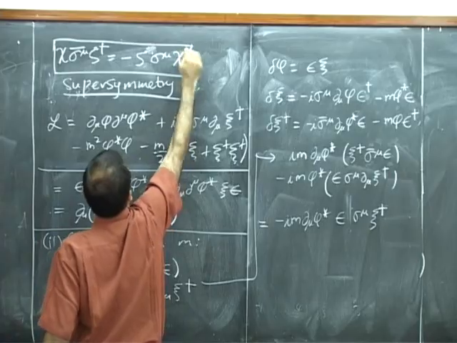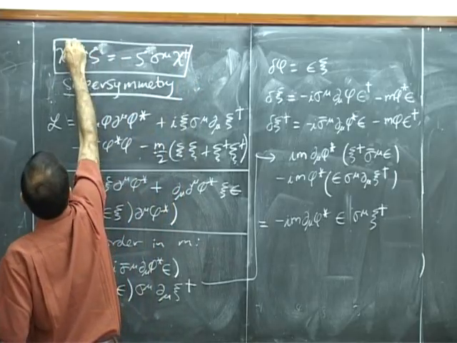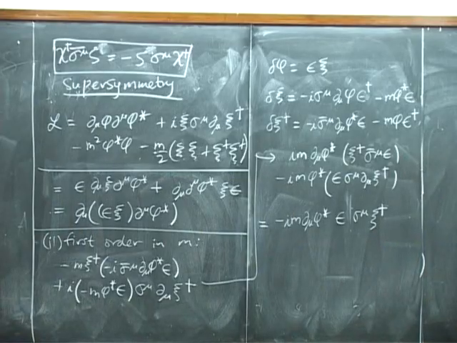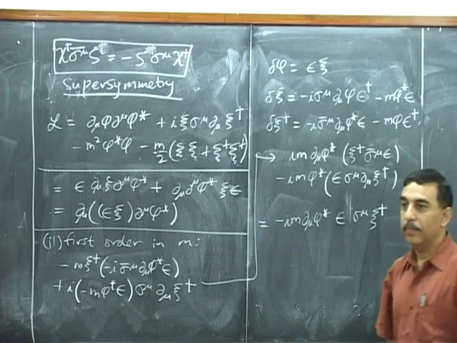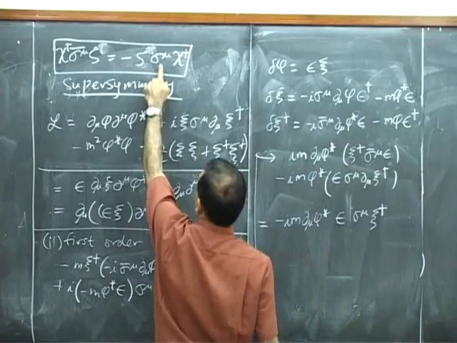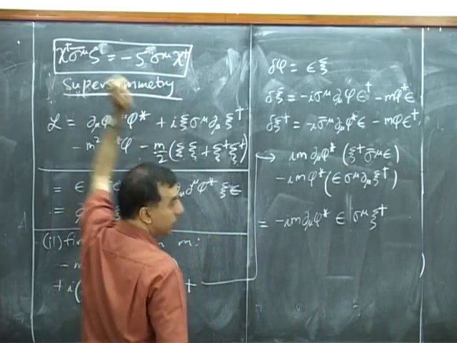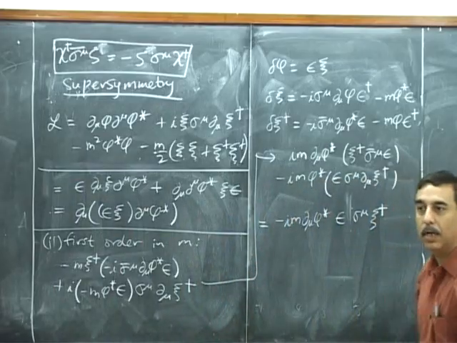The dagger should be here on the right and here on the left. That's because sigma has first undotted and second dotted both down, while this has first dotted and second undotted both down.